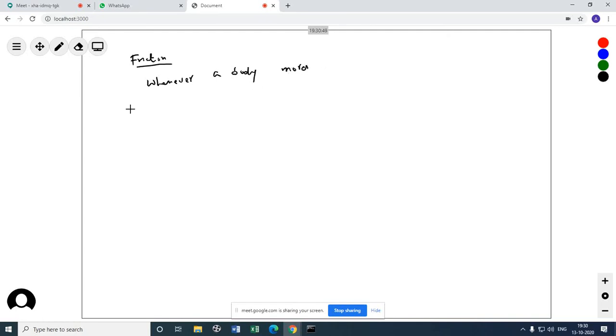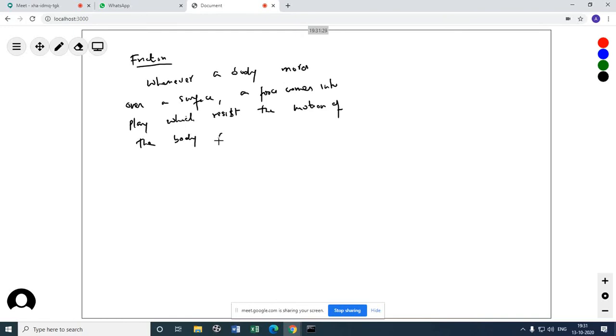Whenever one body moves over a surface, a force comes into play which resists the motion of the body, and is in a direction opposite to the direction of motion.